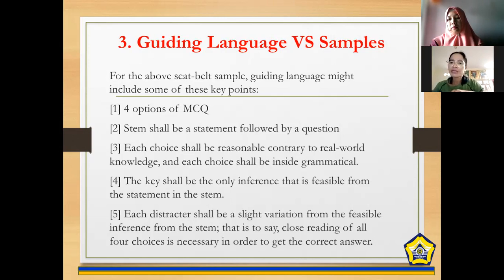And the fifth one, each distractor should be a slight variation from the feasible inference from the stem. That is to say, close reading of all four choices is necessary in order to get the correct answer. So next.